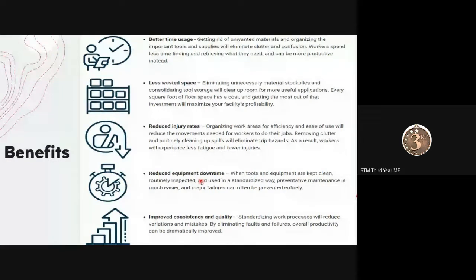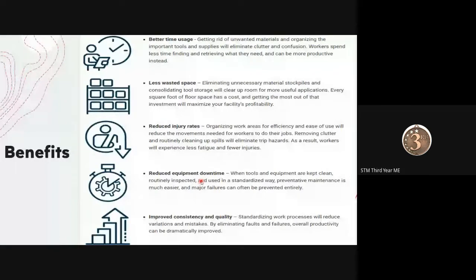So it will be a consistent form of working without any errors. The errors will be eliminated, and if errors are eliminated, naturally a waste that occurs is defects, right? Defects will be eliminated. So for that purpose, there will be a consistent working environment and also a quality environment.